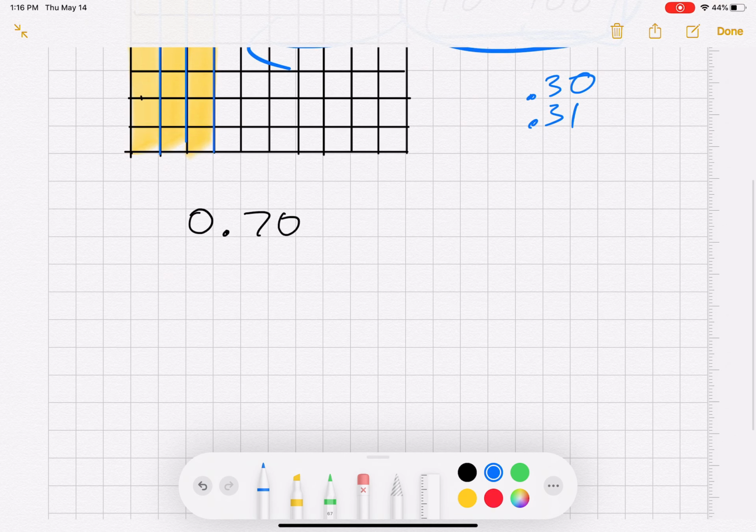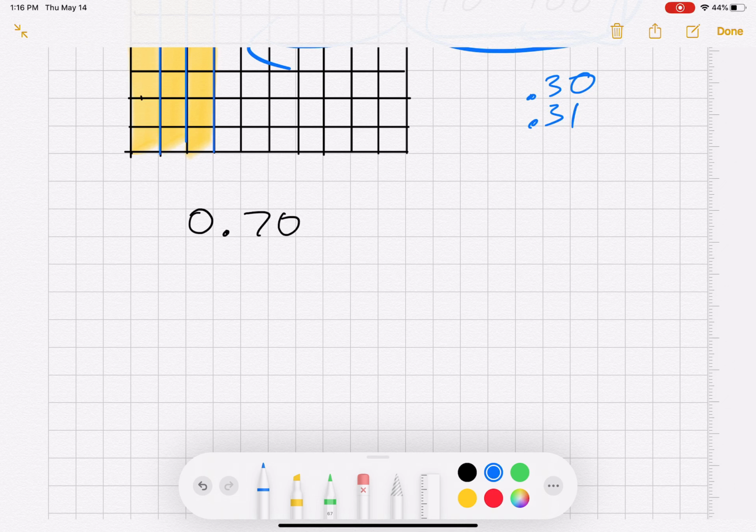If I'm looking down, we are going to be talking about how we properly read these decimals. So it is okay to say zero point seven zero, but it's not okay to actually read this as zero point seventy. Each digit after the decimal point should be read separately.